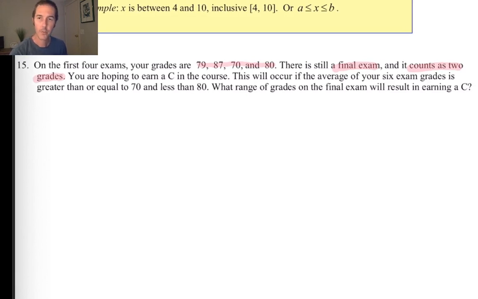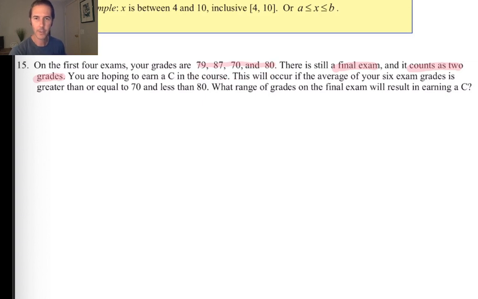A lot of algebra students would kill for a C, right? C is passing. So based on where we are in the semester, we're thinking, let's just make sure that we get a C. Let's figure out what we need on our final exam so that when we average all 6 of those test scores, because remember your final exam counts as 2, we've got 4 test scores here plus 2 from the final.